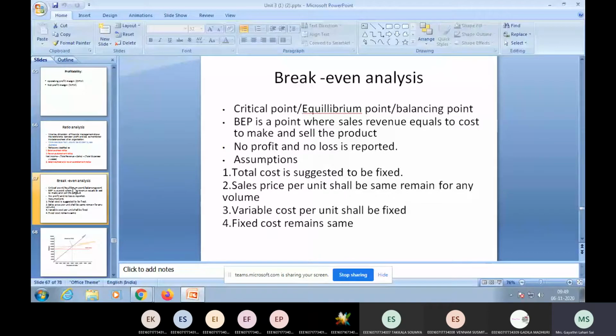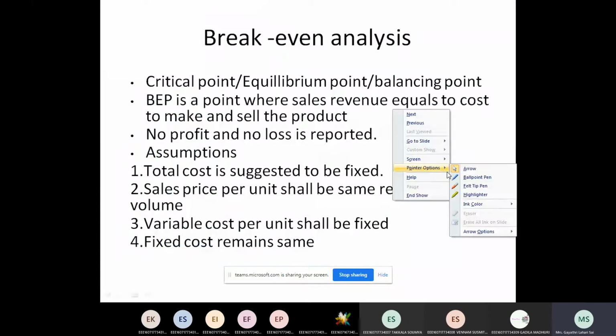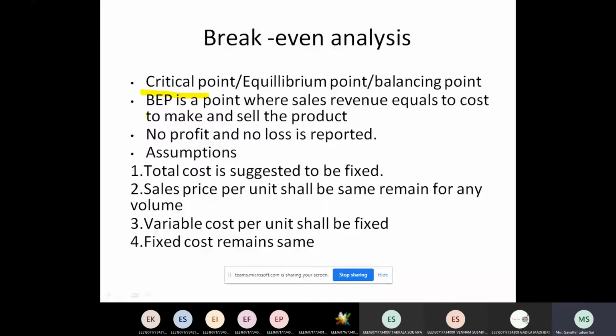So that is the break even point. What I had written in the second point here: break even point is a point where sales revenue is equal to the cost to make and sell the product. It is a point where you have no profit and no loss, right?